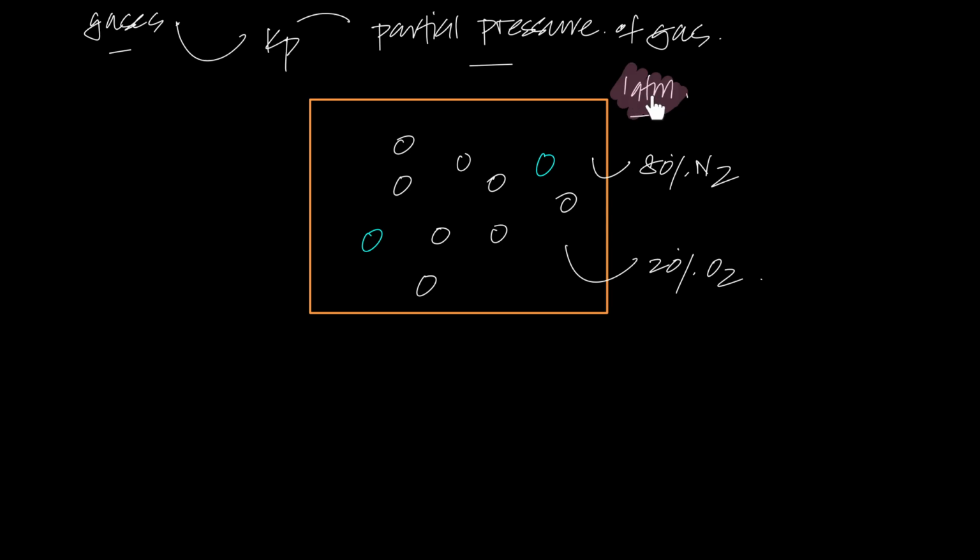The total pressure in this entire container is the sum of these individual pressures, which we call partial pressures. So the total pressure is equal to the partial pressure of nitrogen plus the partial pressure of oxygen. Right? That's the idea.